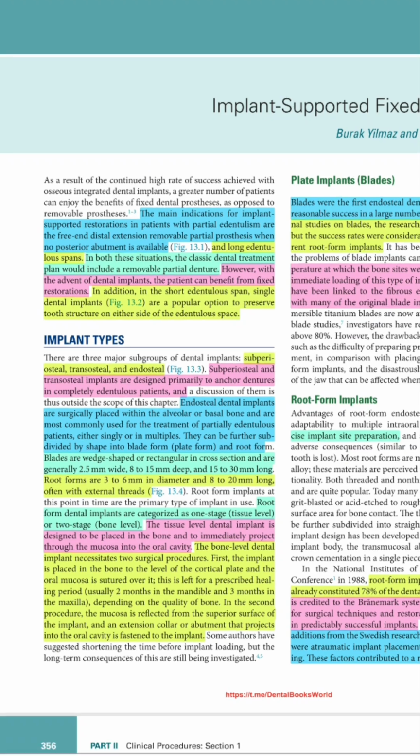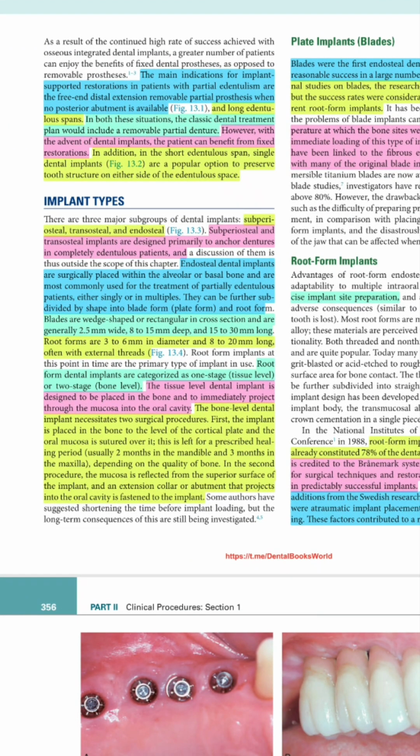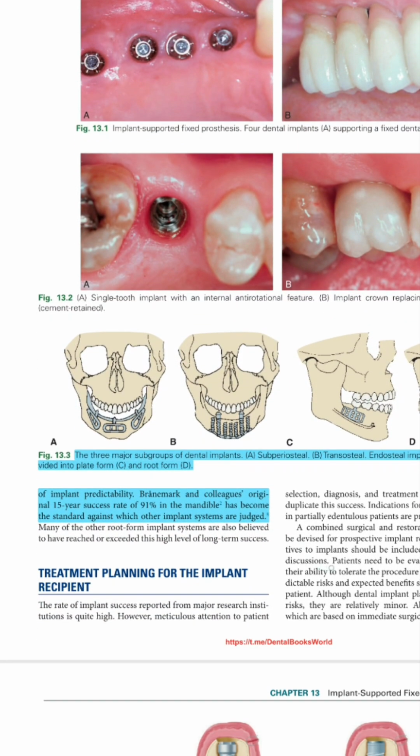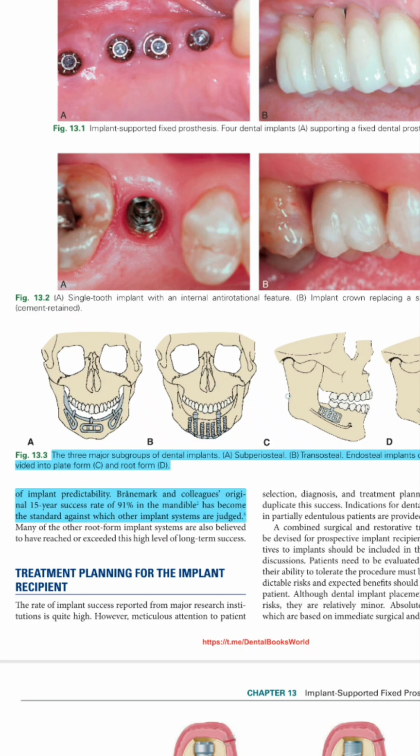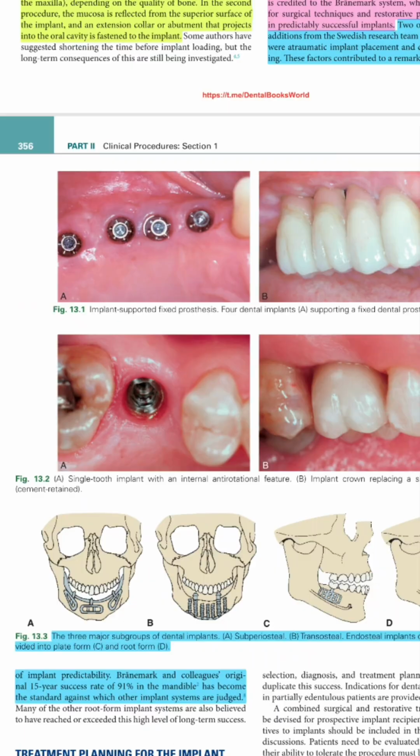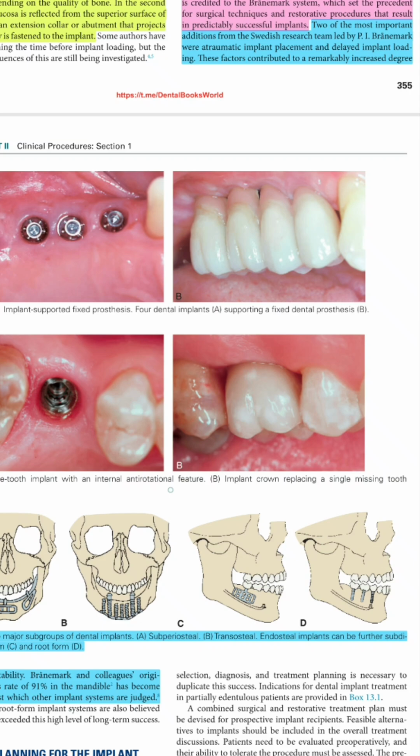There are three types of implants: the subperiosteal, the transosteal, and the endosteal. These are the major groups. The first two are used to anchor a denture in a complete denture. We will not discuss them in this chapter.